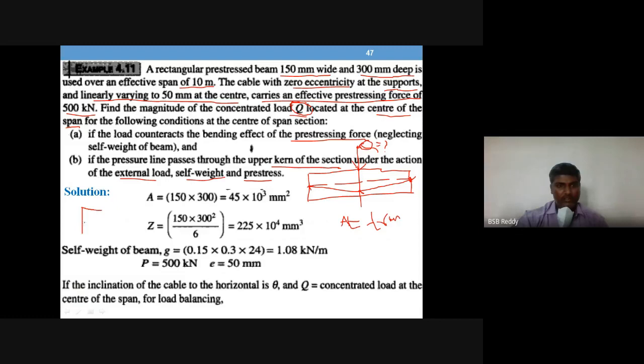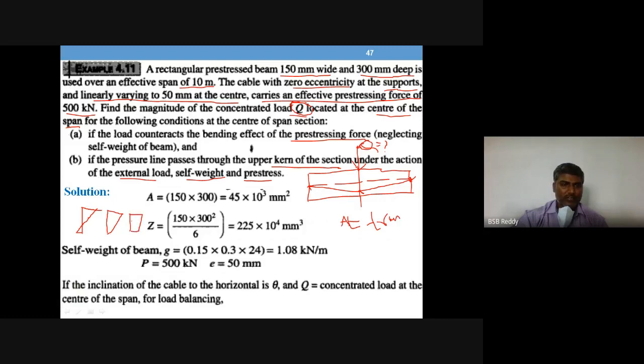I told you that one possibility is that tensile stresses develop, or you can have exactly zero stress at the bottom, or completely positive stress may be possible.